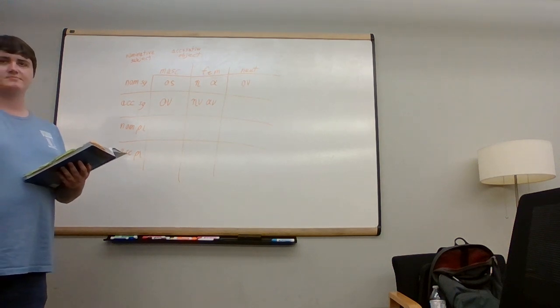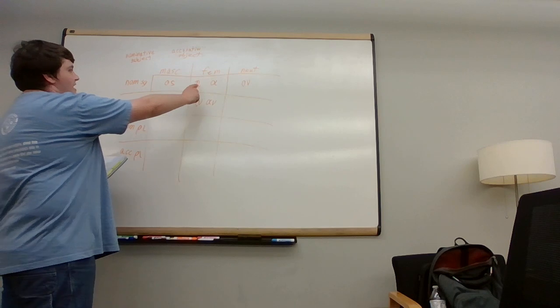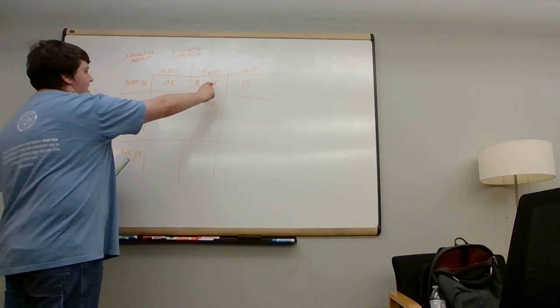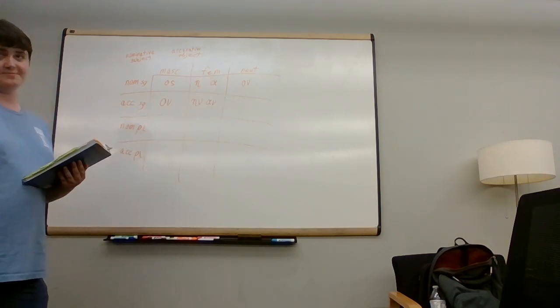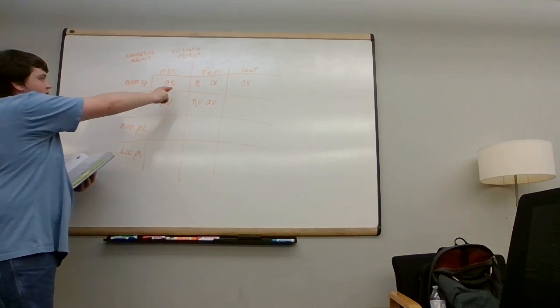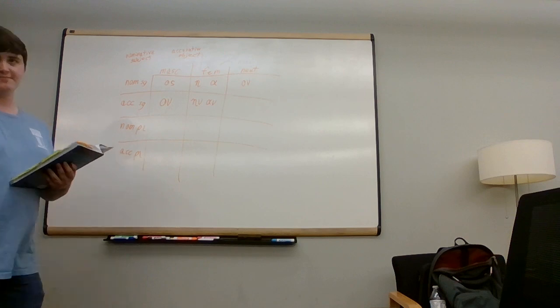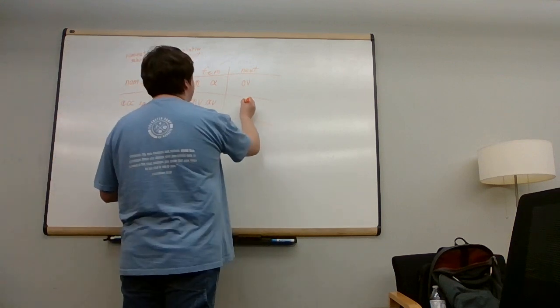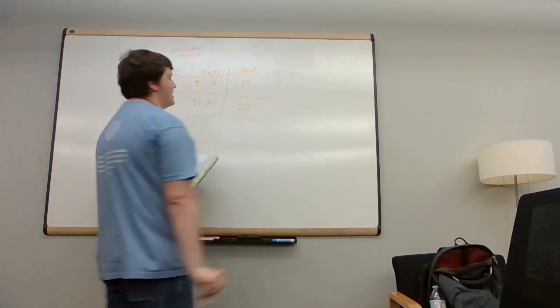So yeah, they go from eta to eta nu, alpha to alpha nu. And this one goes from omicron sigma to omicron nu. This one is an omicron nu.